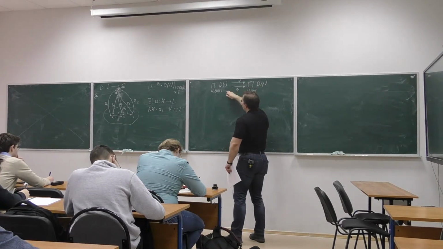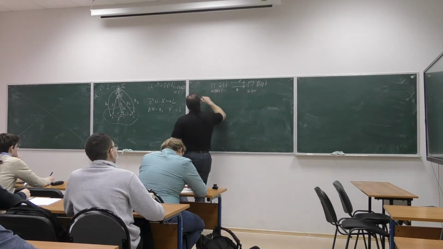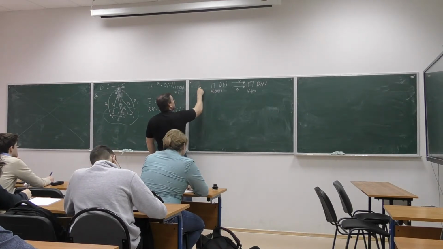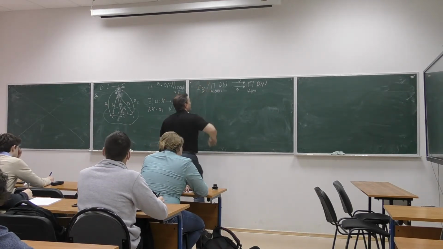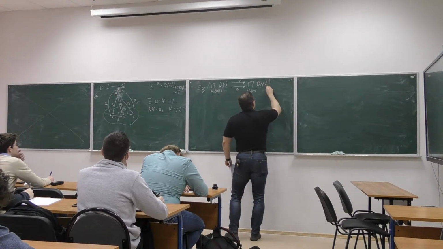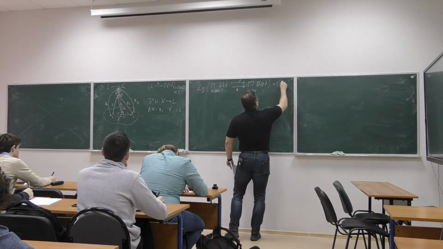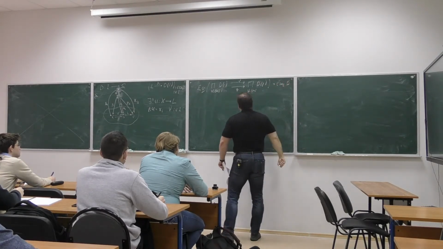We assume that the products exist. Then if you take the equalizer of this thing, then the equalizer is exactly the limit of the functor.